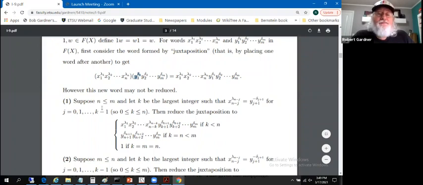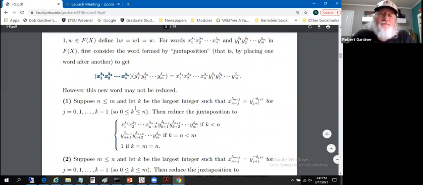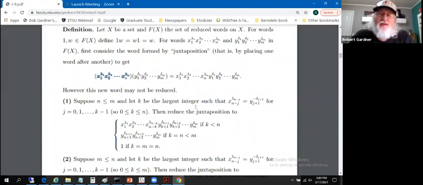First, suppose n is less than or equal to m. So this has fewer symbols in it than the second word has, less than or equal to. Let k be the largest integer such that x sub n minus j, lambda to the n minus j, equals y sub j plus 1, delta to the j plus 1, with an inverse thrown in, a little negative sign up there in that exponent.